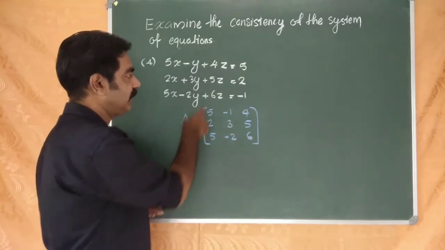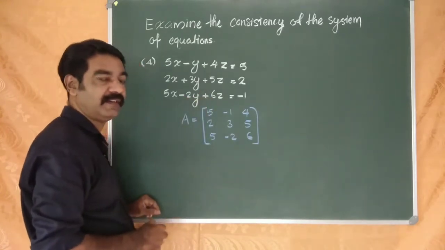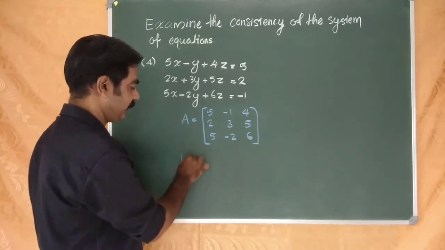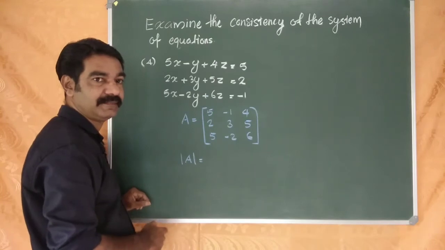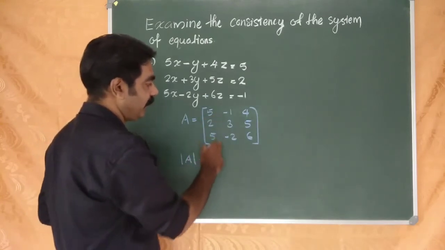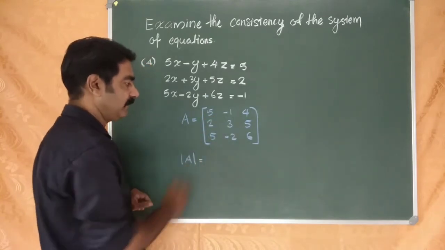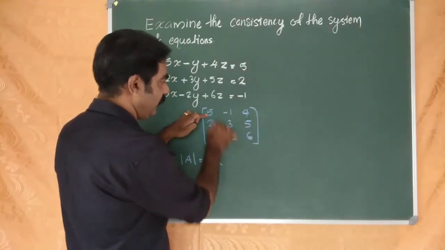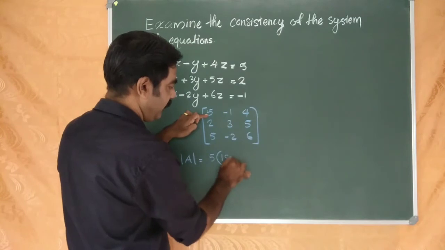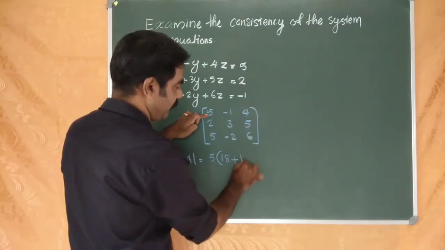Now to check the consistency of this system, we have to find the determinant of this A, det A. So we can expand this matrix along the first row. 5 into, 5 into 3, 6 are 18, minus 2 into 5, plus 10.